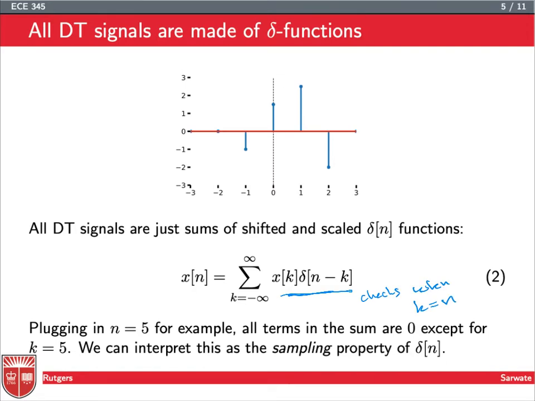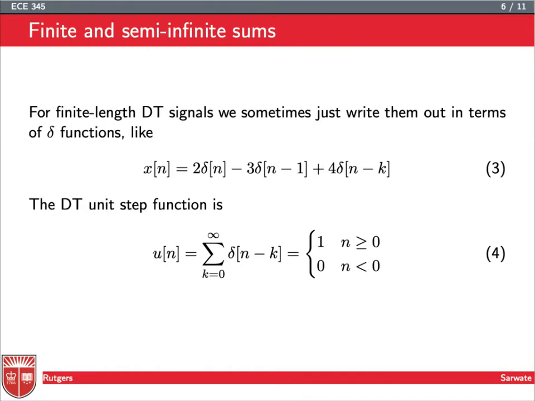When k is equal to n, then the inside is equal to 0, and we only pull out x of n. And here we go, we have x of n on this side. This is what's called the sampling property of the discrete time impulse function. It can pick out one element of the sequence x of k.